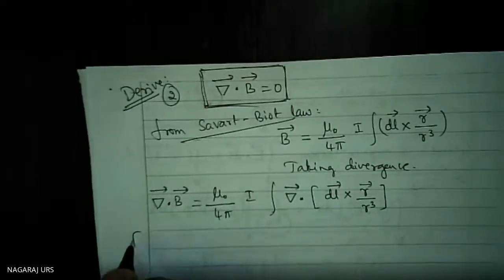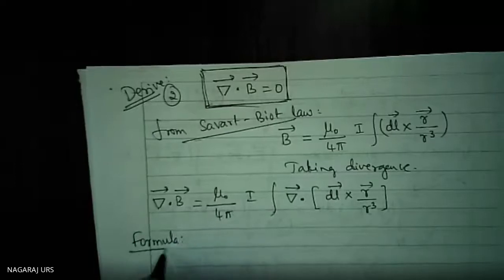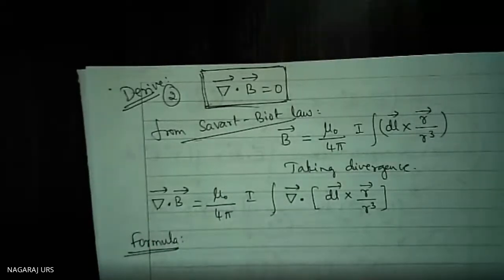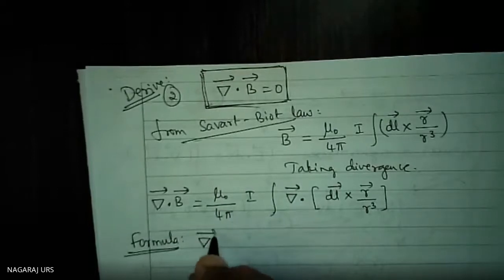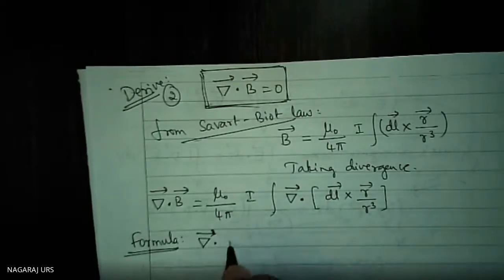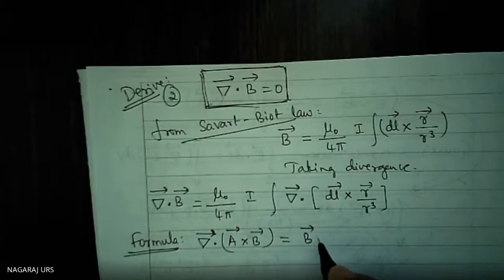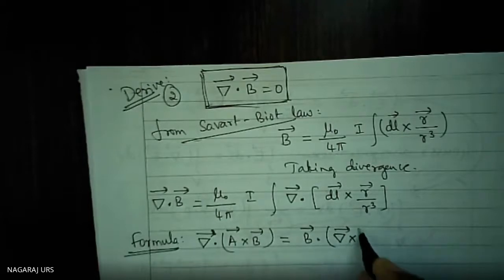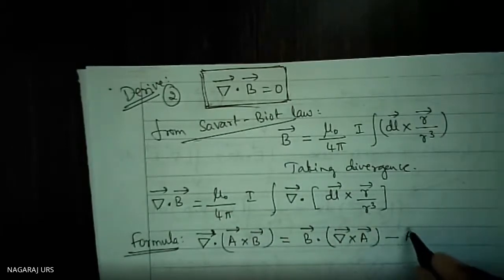We have a formula about this operator. It says that del dot A cross B is equal to B dot del cross A, apply this formula here, minus A dot del cross B.